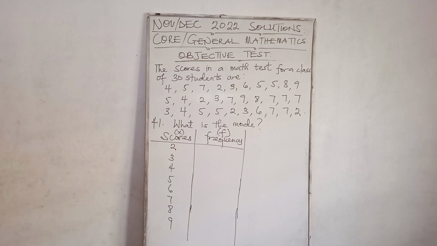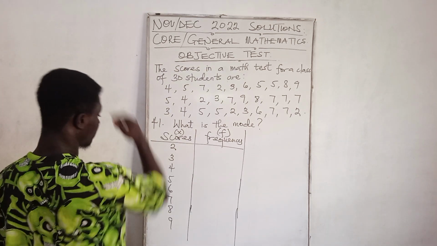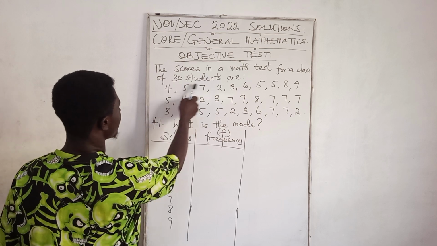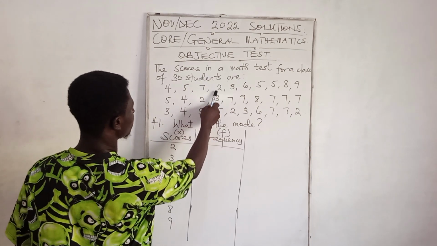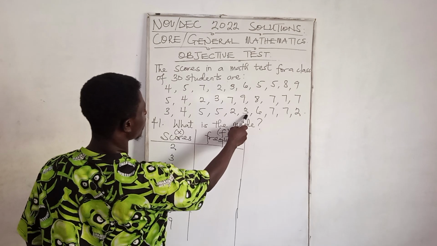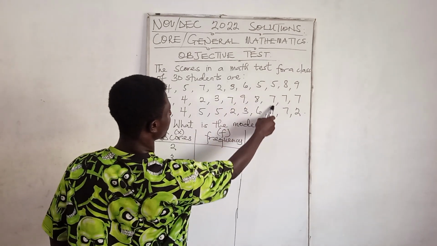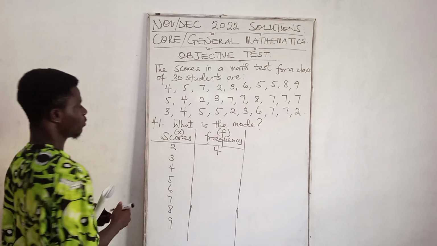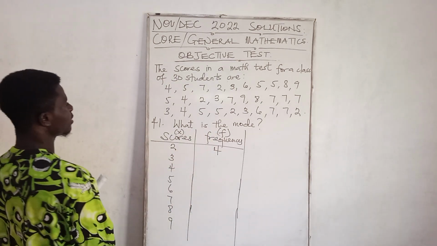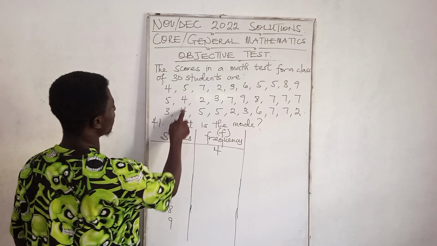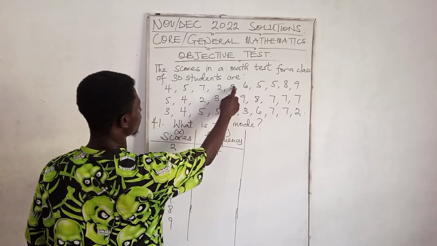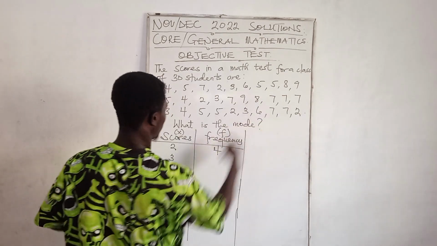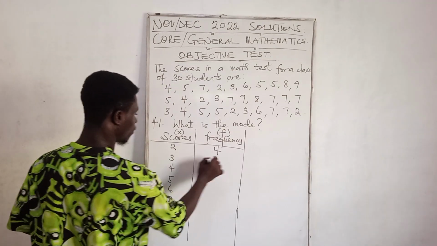Let's count the number of 2s present. 1, 2, 3, 4. So we have 4. Now let's count the number of 3s present. 1, 2, 3, 4. So 3 also has 4.